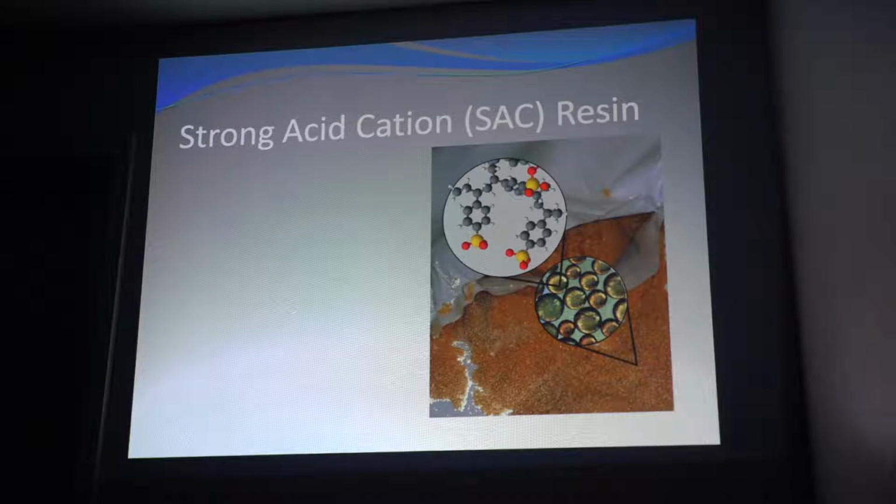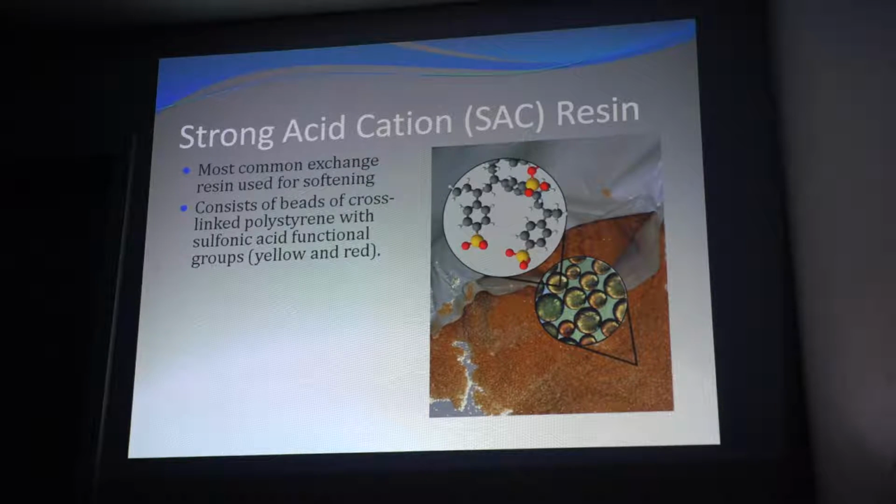Has everybody grabbed a handful of resin and looked at it? To the naked eye, I always say it looks kind of like fish eggs. Under a microscope, you can see that it's very complex, individual beads. The most common exchange resin used for our water softeners consists of beads of cross-linked polystyrene. This is a mouthful.